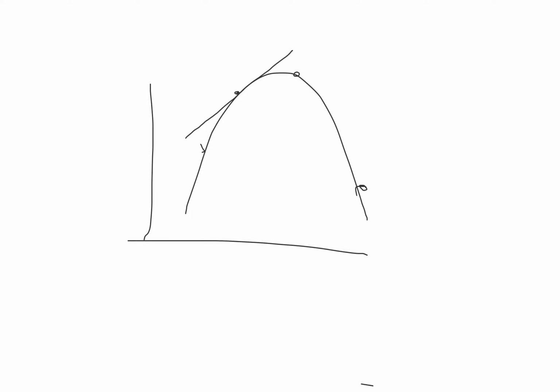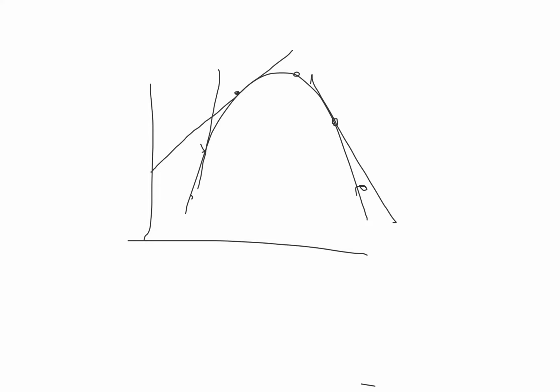When we consider this curve, at different points the slope is different. Here the slope is this way, but here the slope is like this, and here a very high slope. So the slope is different at different points in the same function.